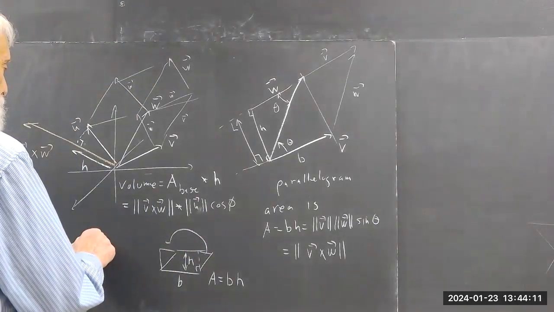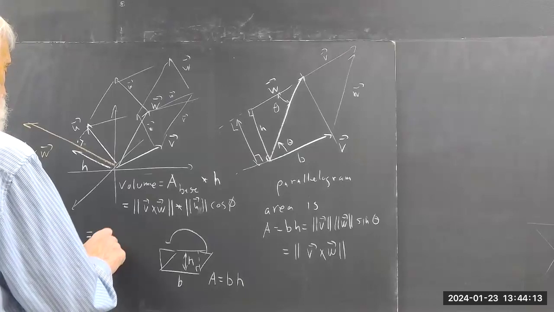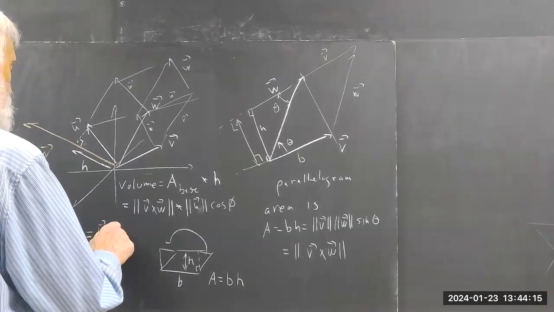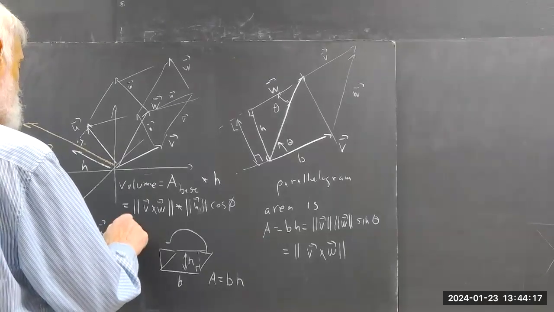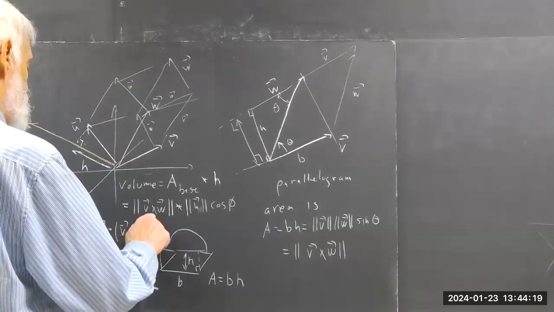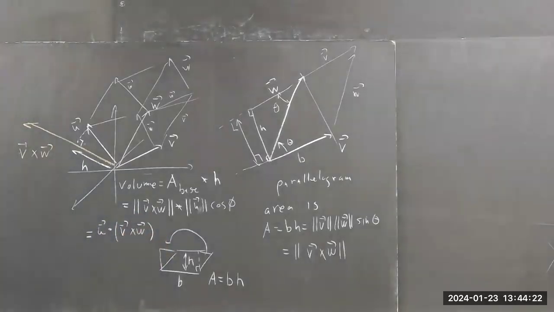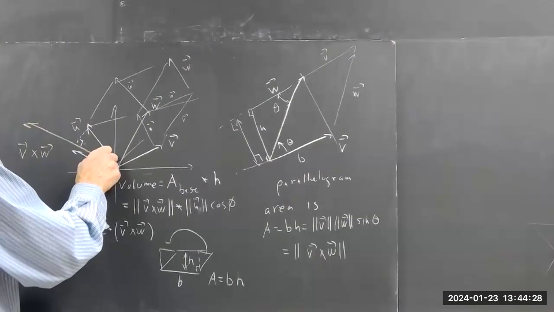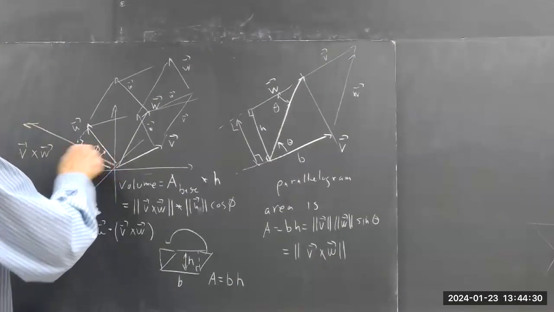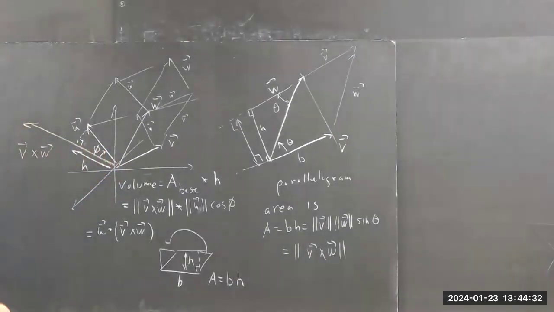Okay. Well, it turns out that this is the same as U dot V cross W, isn't it? Now, let's be careful. Okay, I didn't label it because I got off on the pronunciation.